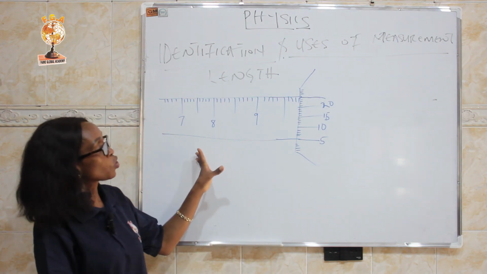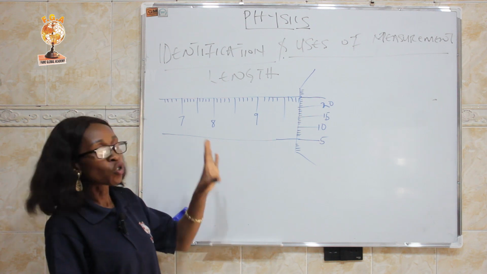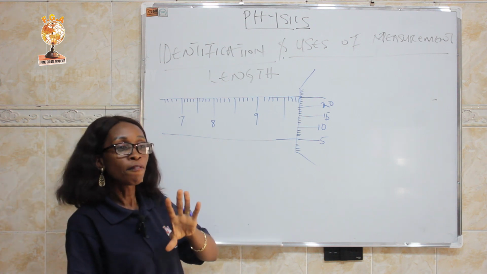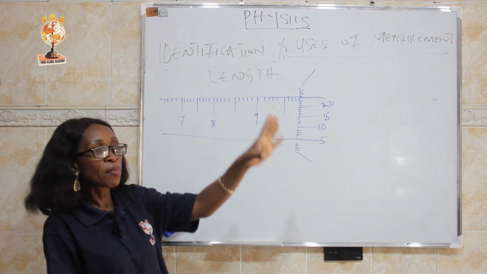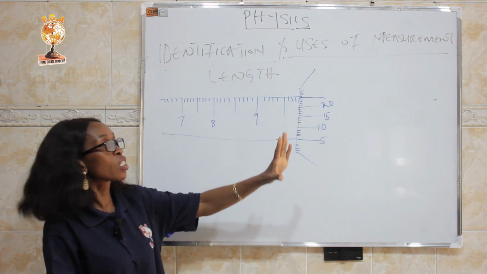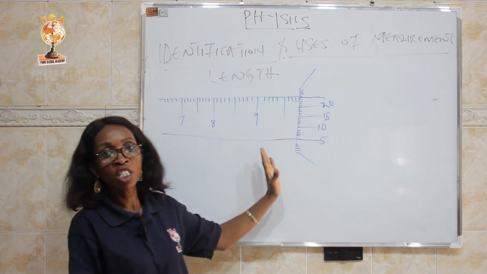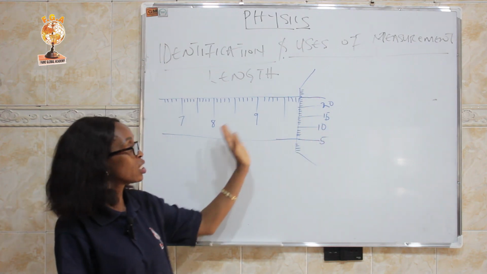Now, for instance, this is a question on the board. It is assumed that a micrometer screw gauge has been used to measure the diameter of an object, and because it has two scales, the first scale is the main scale and the second scale is the vernier scale.